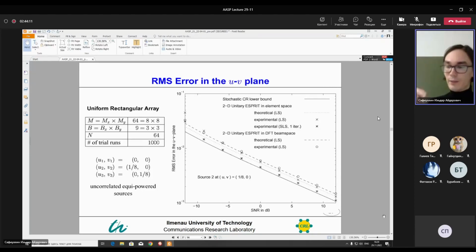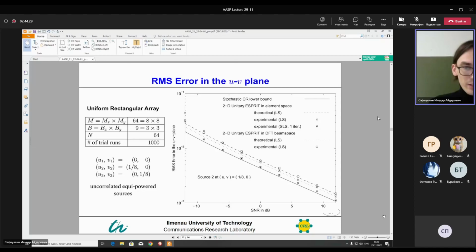So first we calculate the least squares solution, then use this one as initialization for SLS and run one iteration. And let's see here.